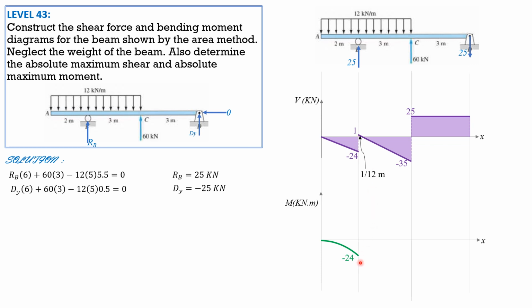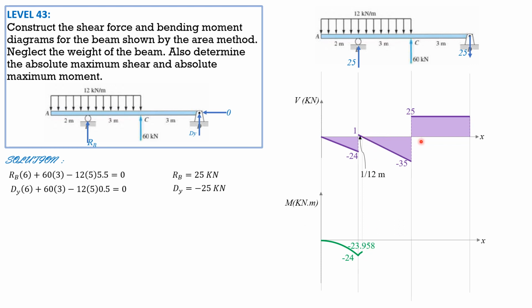Negative 24 plus 1 over 24, and it is from positive 1 slope to 0 at this point, very small, so concave down again, and the value here is negative 24 plus the area which is 1 over 24 in decimal, negative 23.958.